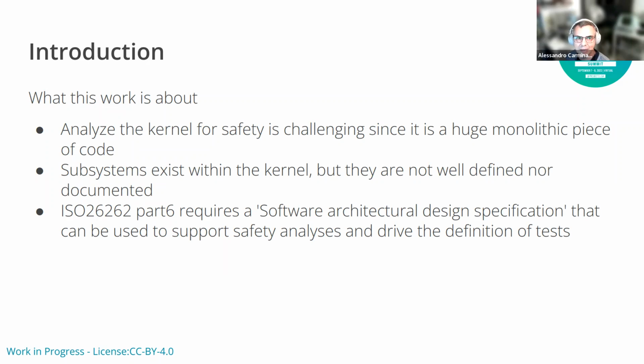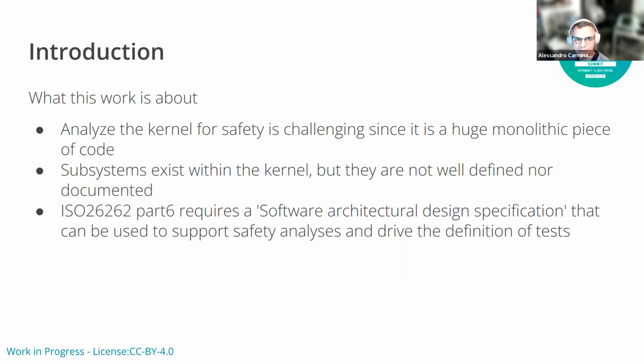This work, as I said, is about generating static Linux software architecture description. The first argument here is that Linux kernel is a giant monolithic piece of software that has not a predefined subsystem decomposition. Components larger than function are not clearly defined.